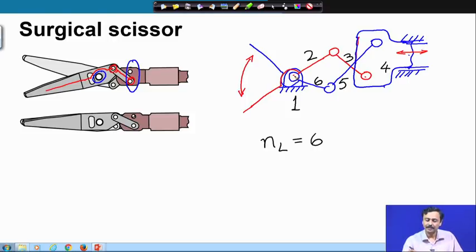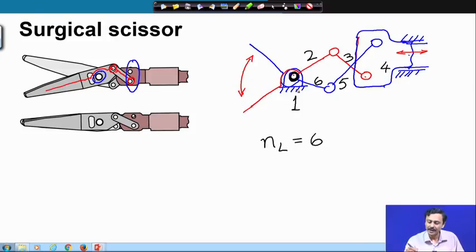Now, here we need to understand this. Kinematic pair, as the name suggests, is between two links. It so happens in this case that there seems to be only one hinge where both the blades are connected to the ground, but since we are talking of kinematic pairs, we must identify two links which form the pair.